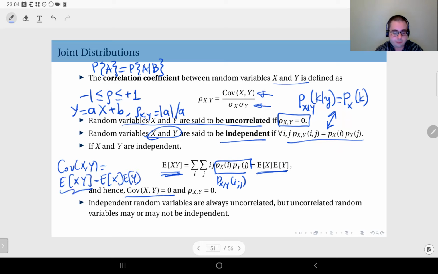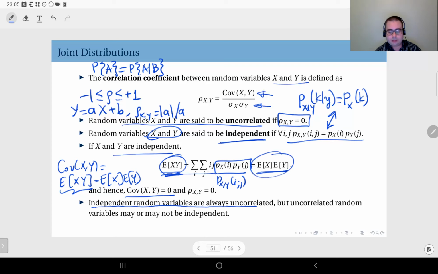And if the correlation equals the product of the means, this is essentially zero, which also means the correlation coefficient is also zero. Now, what does this tell us? Independent random variables are always uncorrelated, because if you have independence, then correlation equals the product of the means.